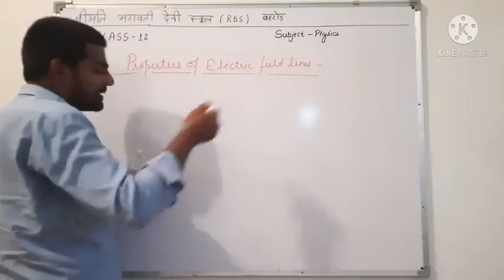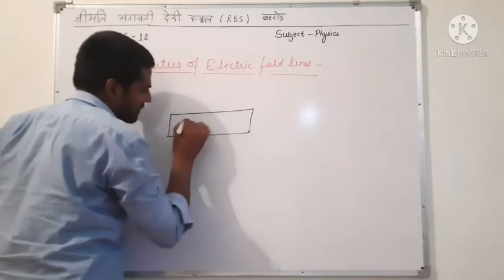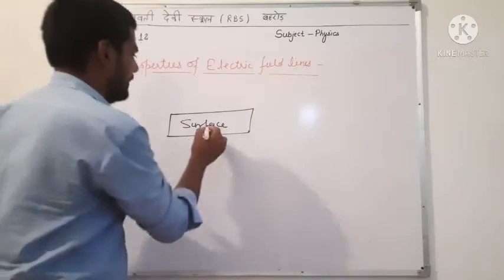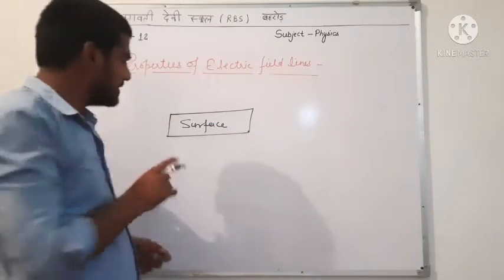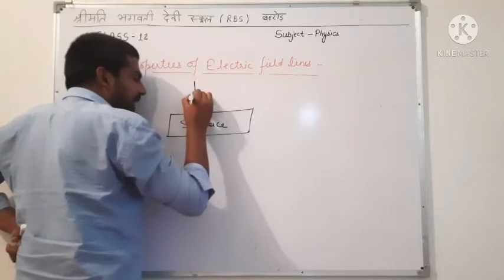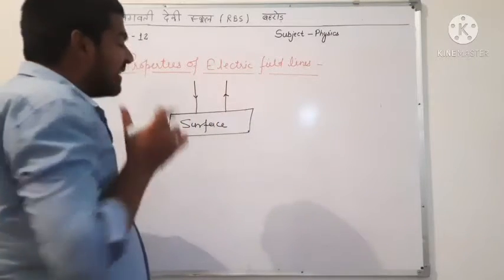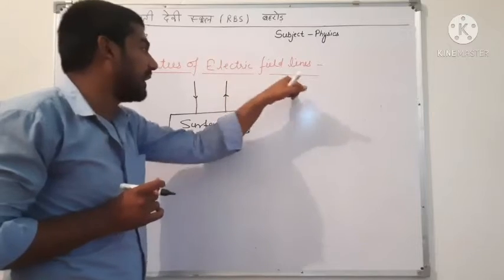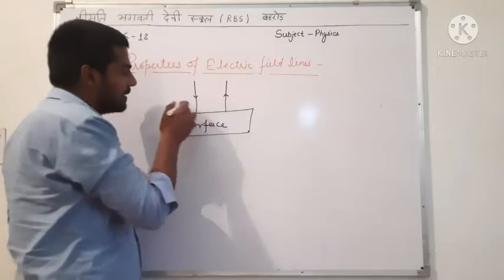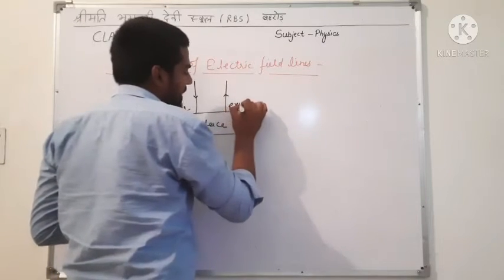First, let us consider we have a surface. A surface is made by two axes. If this is an electric field line and this is also an electric field line, means if an electric field line enters a surface and exits from the surface, this is enter and this is exit.